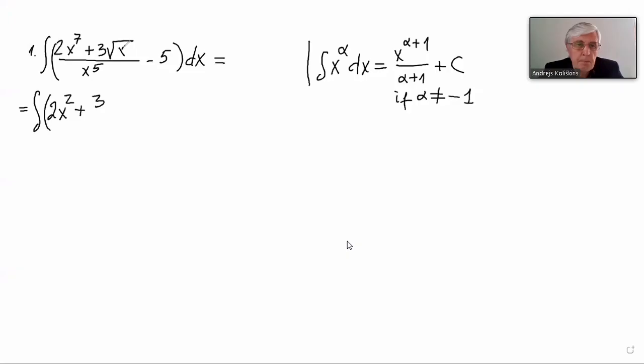So in this case, m is 3/2. So x to the power 3/2 minus 5, right? And then minus the integral of 5 times dx, okay?